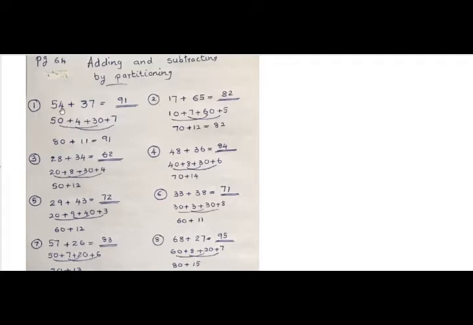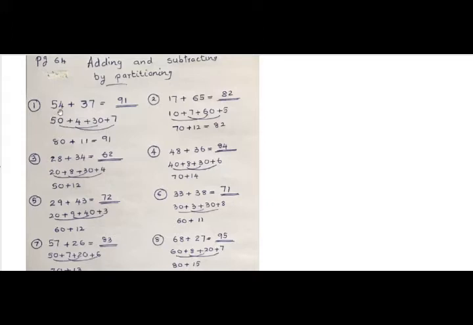First number is 54. How many units? 4 units are there. How many tens? 5 tens are there. We are adding 37 to 54. In 37, how many units are there? 7 units and 3 tens. I told you we are adding tens separately and units separately.